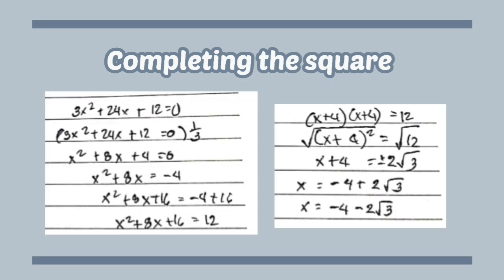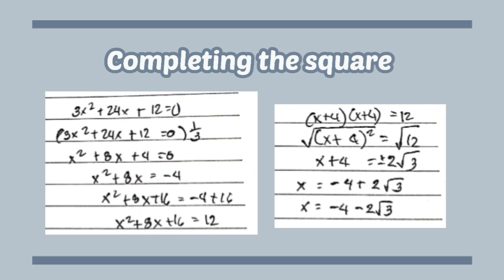Example 2. 3x squared plus 24x plus 12 equals 0. The first step would be multiplying the whole equation by 1/3, since a is not equal to 1, so we should simplify. Then we collect the variable terms on the left side. Then we transpose 4 to the right side. That would be x squared plus 8x equals negative 4. After that, we can set up b over 2 squared, that would be 16, to complete the square.